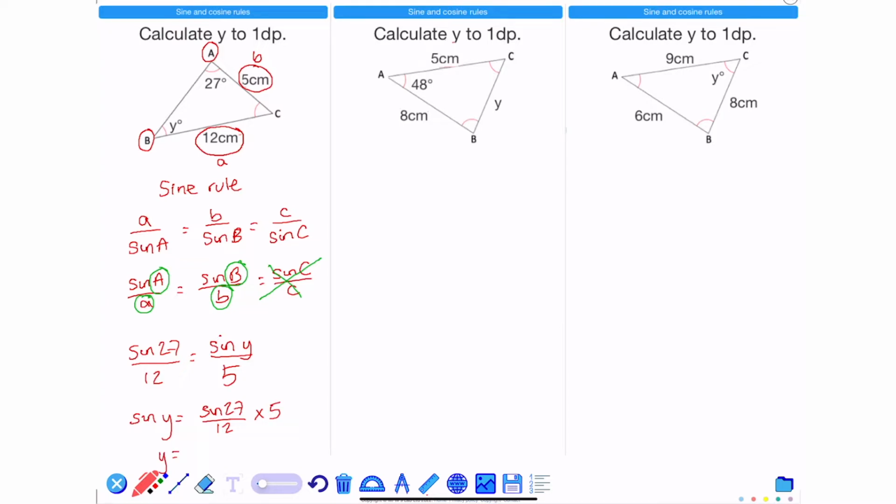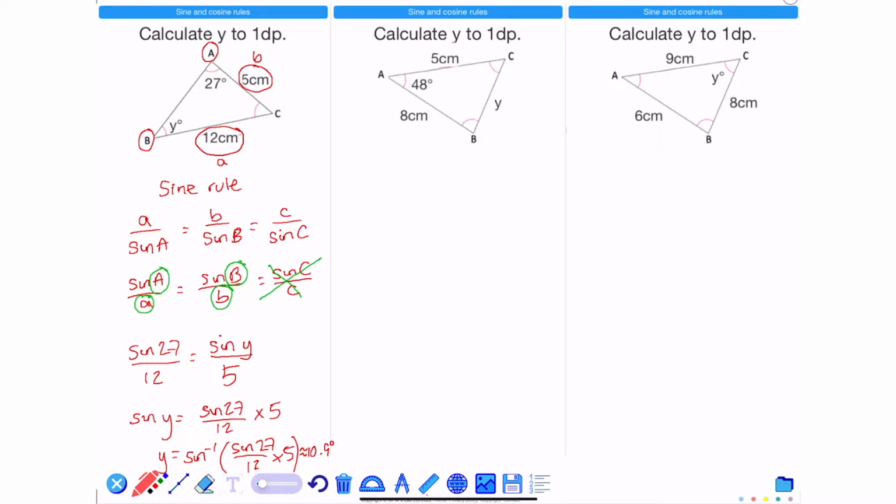Doing the inverse of sine gives me arcsine of sine 27 over 12 multiplied by 5. Using my calculator and rounding to one decimal place, this gives me 10.9 degrees.